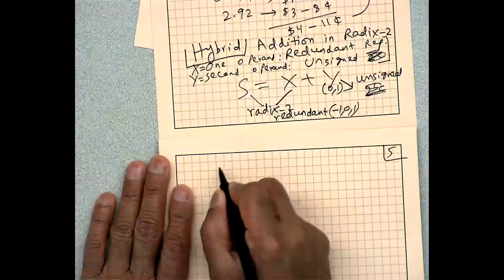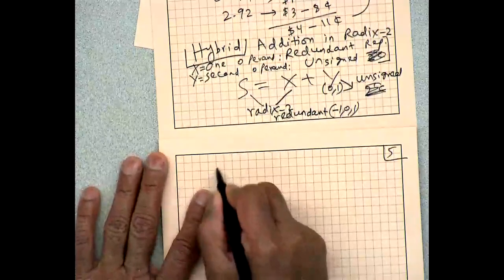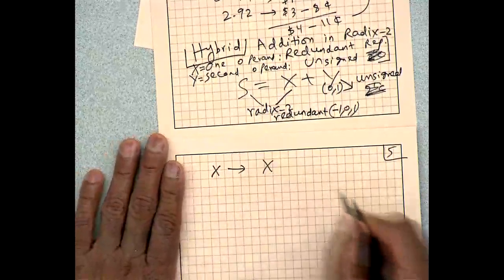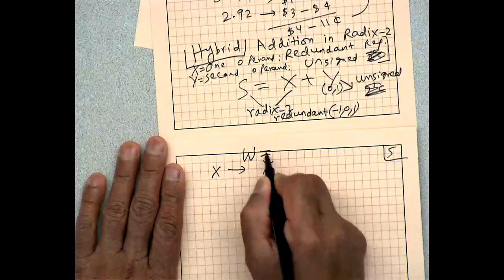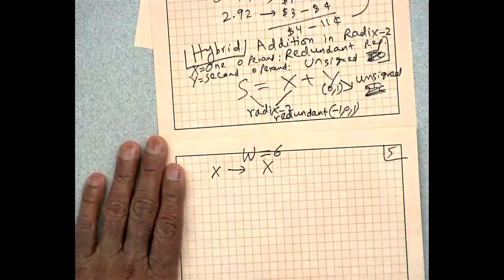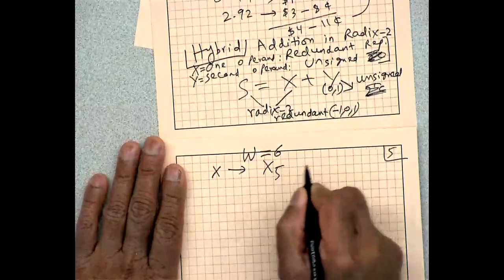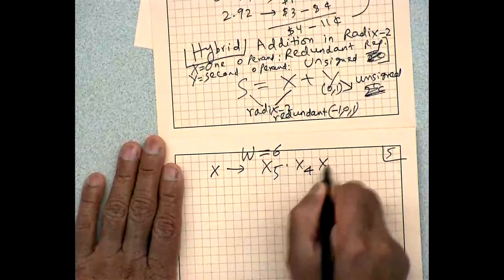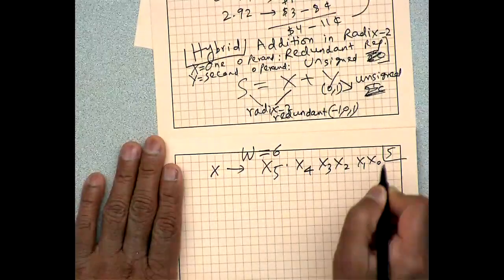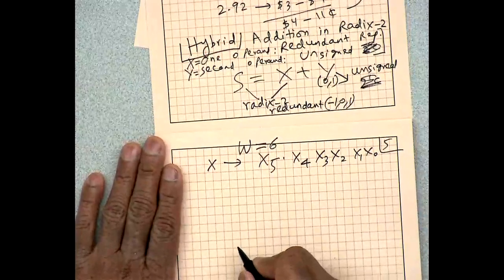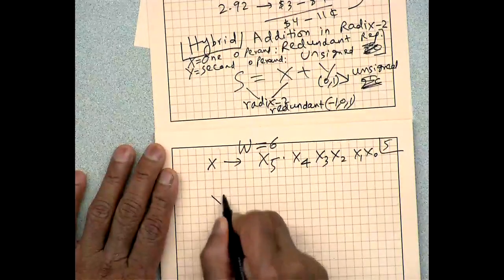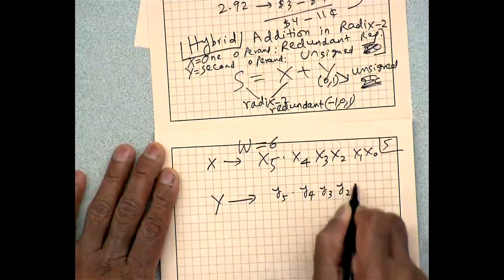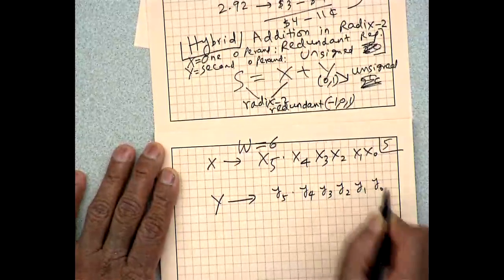numbers. Let's assume that the word length is 6 as an example. So I can say that this is x5, x4, x3, x2, x1, x0. I could use decimal, it doesn't matter so much. And the number y could be y5 y4 y3 y2 y1 y0.